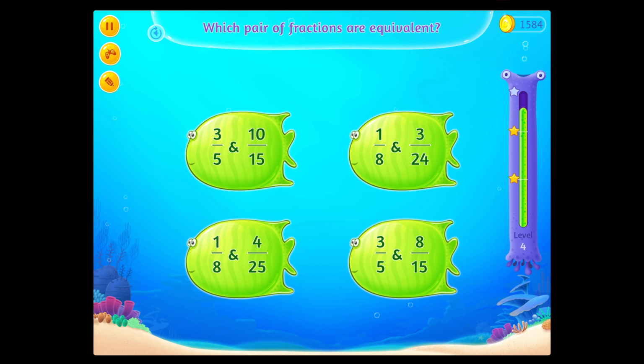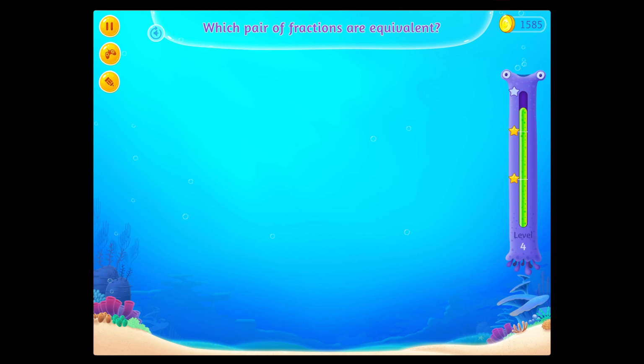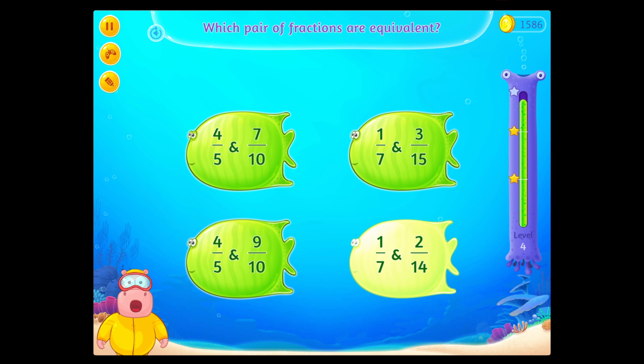Which pair of fractions are equivalent? Fantastic! Which pair of fractions are equivalent? Congratulations! You've done it!